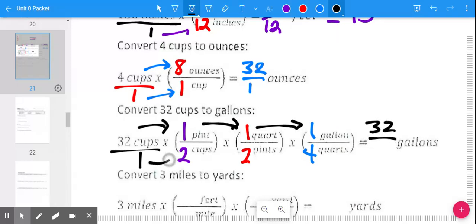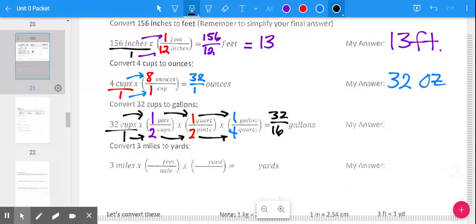Across the bottom, 1 times 2 is 2, times 2 is 4, times 4 is 16. When we simplify that fraction, we end up with 32 divided by 16 is 2 gallons. So 32 cups is equivalent to 2 gallons.